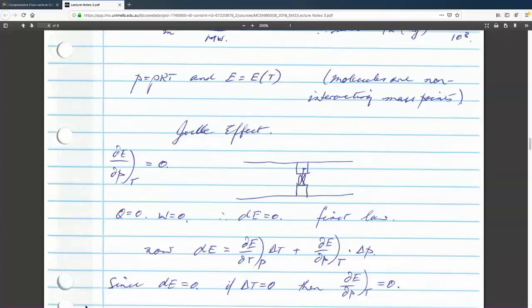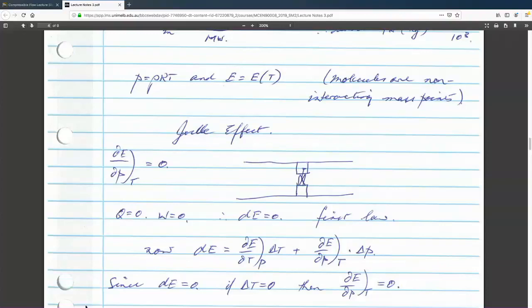So what did he do? He started here with a vessel full of hydrogen, and over here he had a vessel that was vacuum. And here he had a valve between the two. And he opened the valve. And of course, he did it in a way where he tried to make all the walls adiabatic.